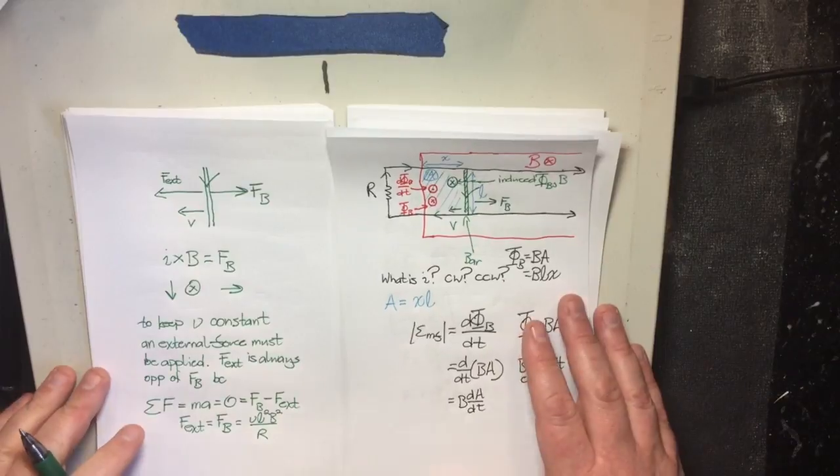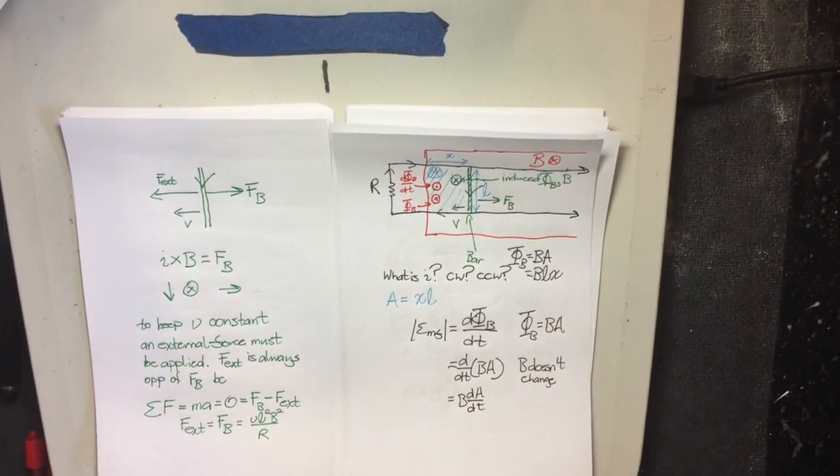In order to maintain a constant velocity, external force and magnetic force always have to be opposite of each other. If the force on the bar is to the left, the external force is to the right. And vice versa, like we have here.